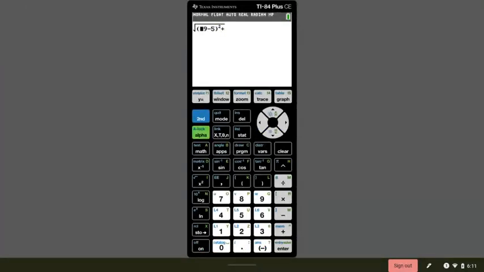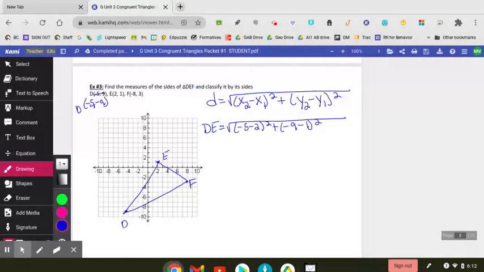So it's actually -5 minus 2 squared plus -9 minus 1 quantity squared. And that tells me 12.206555562. So 12.206 blah, blah, blah.